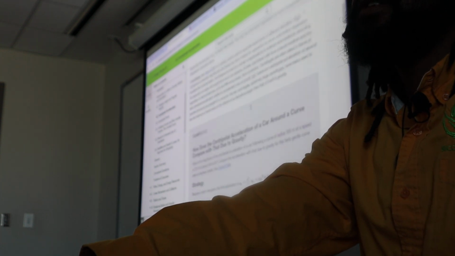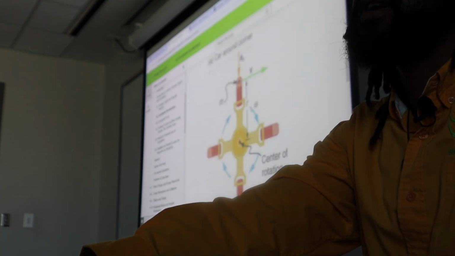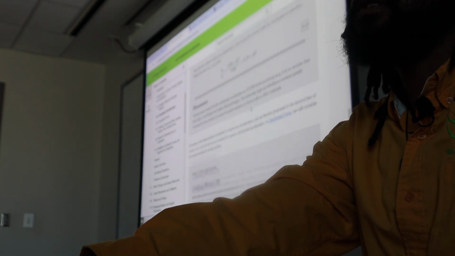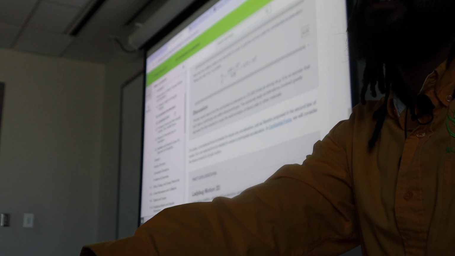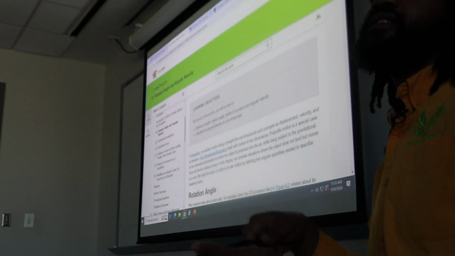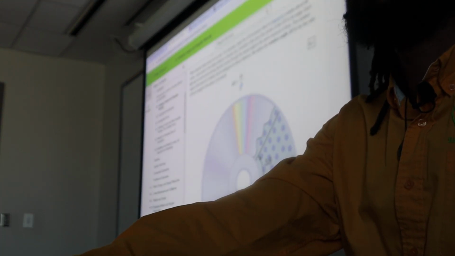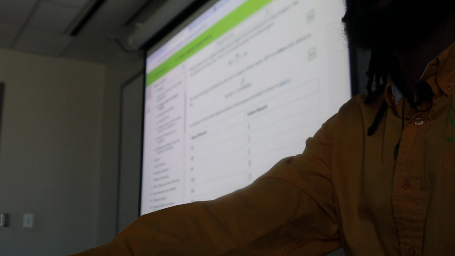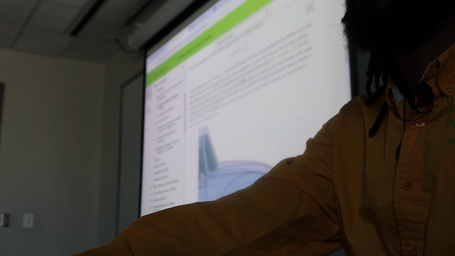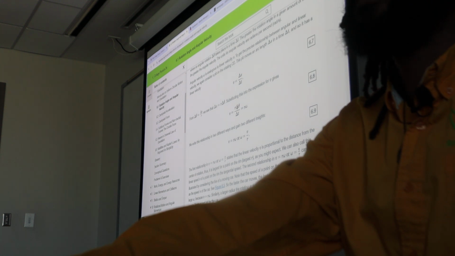I wanted to see the speed. So we talked about all that. I wanted to see the speed that I might be rotating, this right here. So omega. So we get that from omega, R d theta.